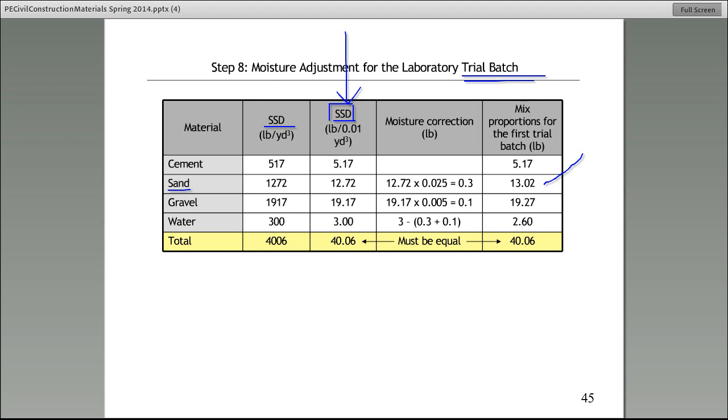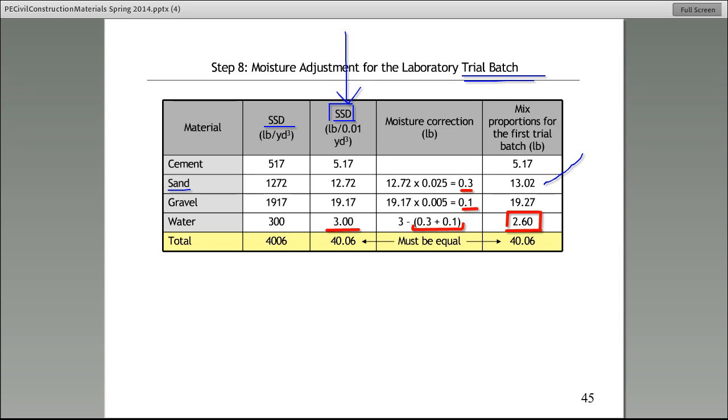The sand brings in 0.3 pounds of water, and the gravel brings in 0.1 pounds of water. So we need to account for that. When we're looking at the water, we said we need 3 pounds, but a total of 0.4 comes from the aggregate. So we subtract the 0.4, and the amount of water that we actually need to weigh and add to this mix is 2.6. Does everybody see how this works?